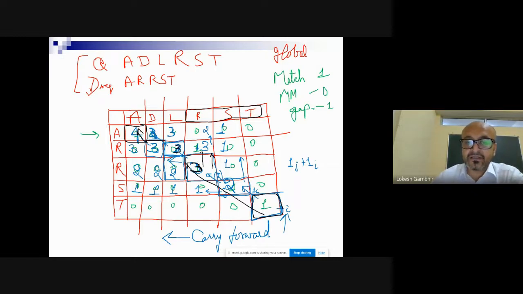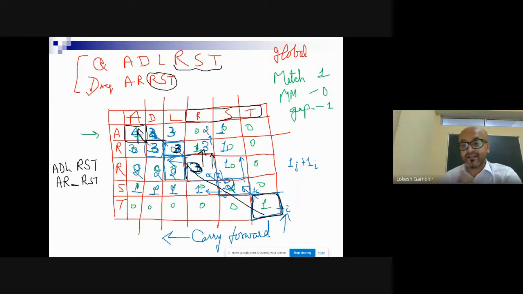Now it immediately sees another 3. And this is how it will determine that if this region is common, and there is an increase in the score when we are moving from this channel to the upper channel, then the alignment should be ADLRST along with ARRST, and in between there will be a single gap.